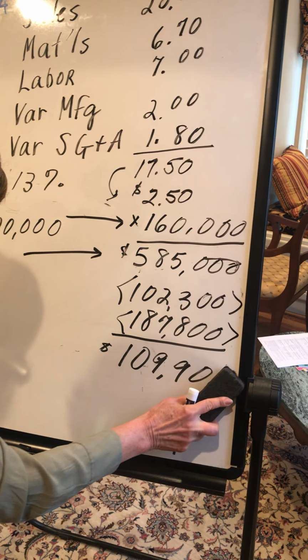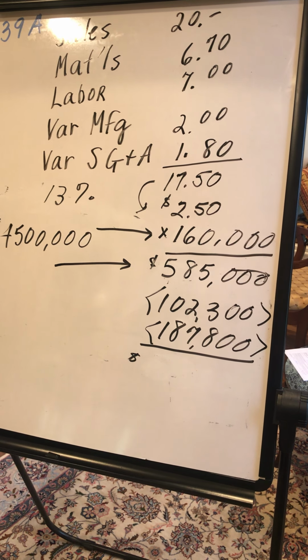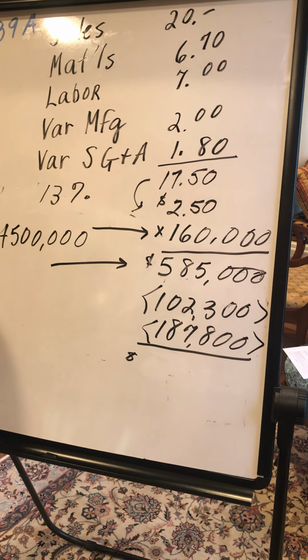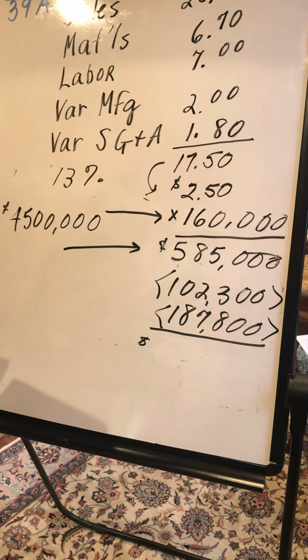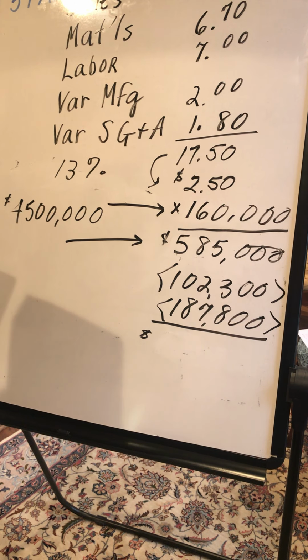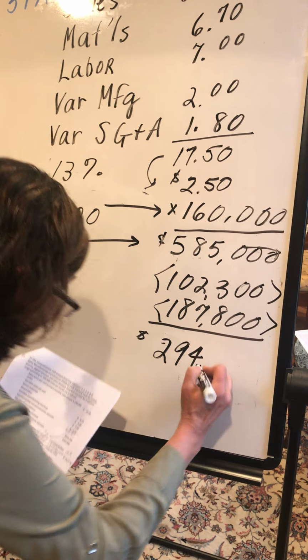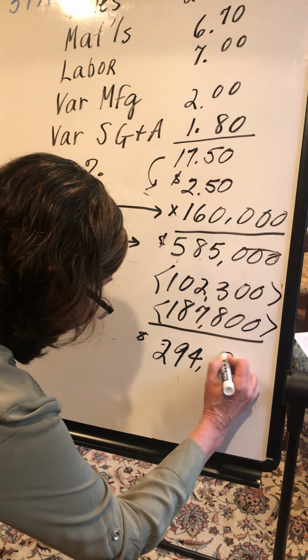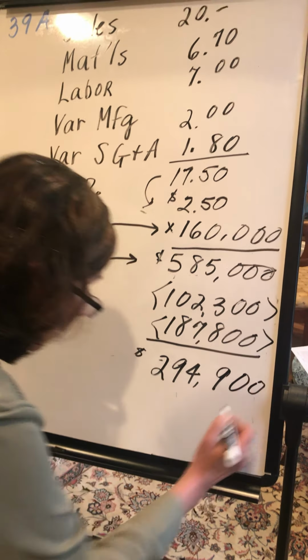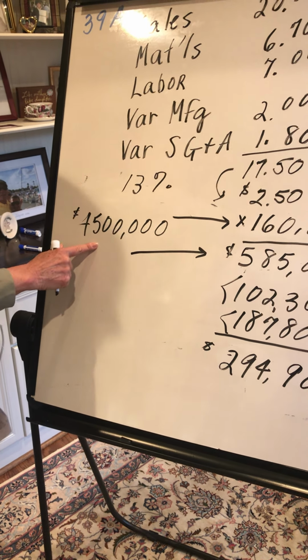And now, subtracting out the fixed costs to get the operating income, 585,000 minus 102,300 minus 187,800 gives 294,900. So that's the operating income if they have sales of $4.5 million.